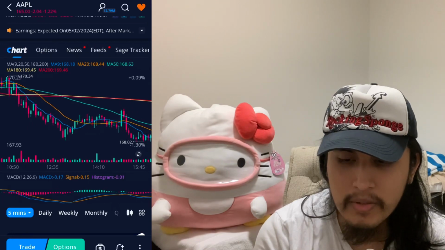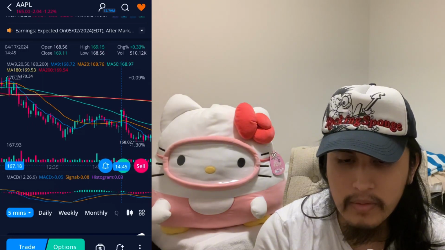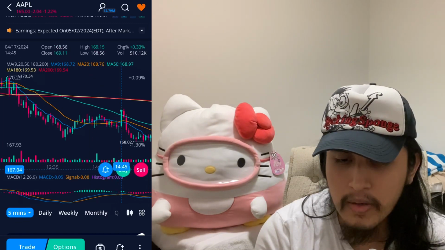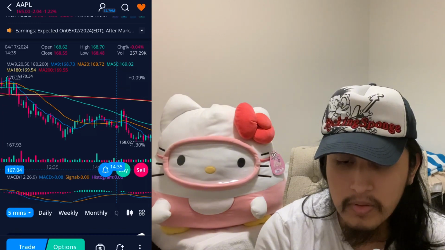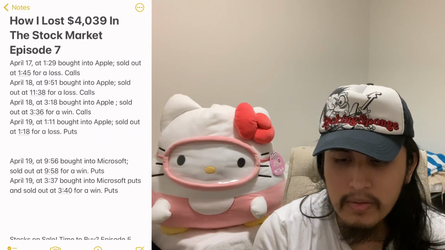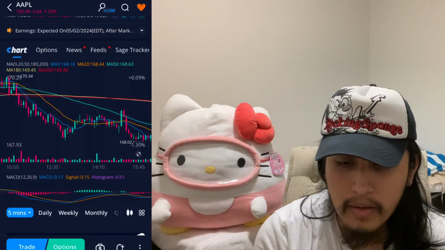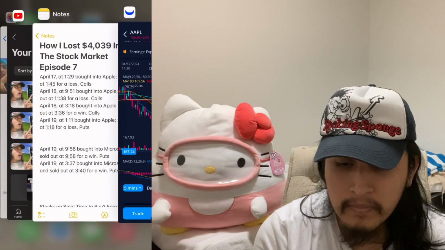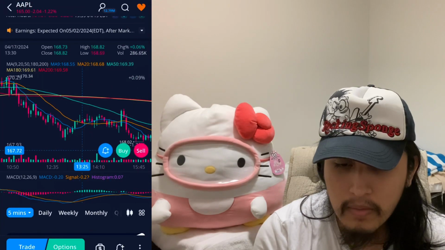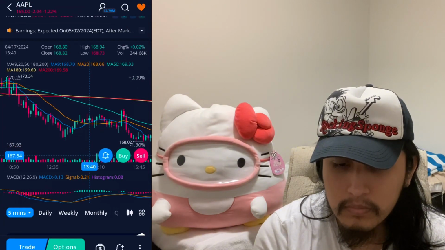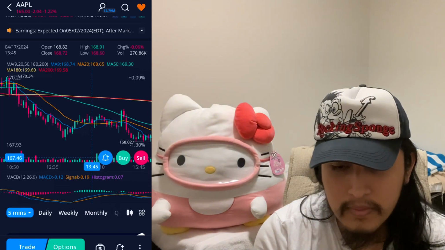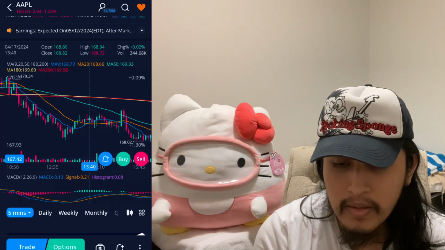I mean, it did touch it around 2:45, touching the 50-day moving average. But I was impatient, so around 1:45 I sold for a loss.